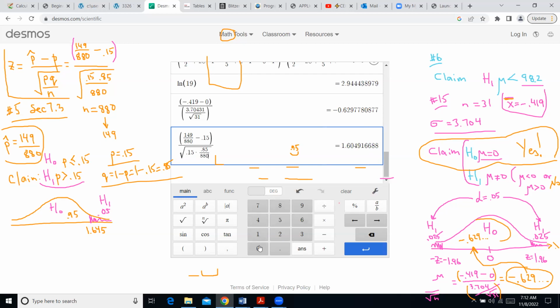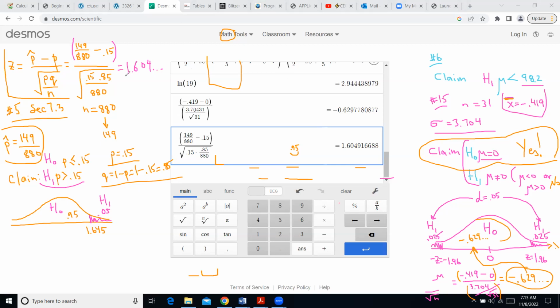Now you say, why is 0.15 not divided? Well, actually 0.15 is multiplied by the fraction, so it goes into this fraction's numerator anyway. So it is in the numerator, on the top. So you don't have to put parentheses, but if you want to, you can try. It'll be the same thing. So I'm getting the z-score, and the z-score is 1.604. Look at that, it's pretty close, right?